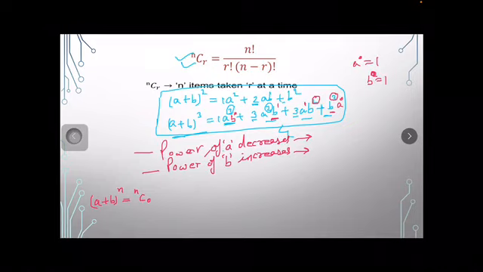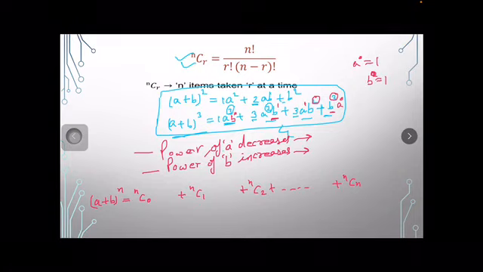So the first one is nC0, next is nC1, then nC2, and so on, and the last term is nCn, right? These are the coefficients of the binomial expansion.